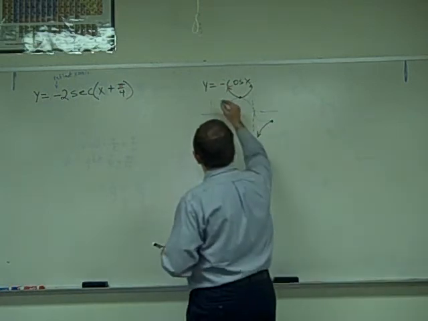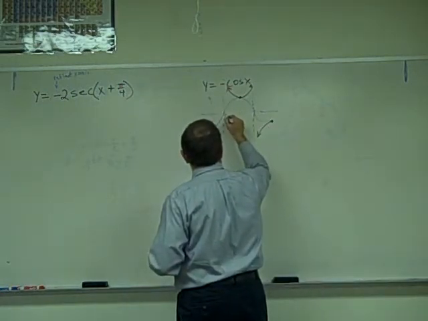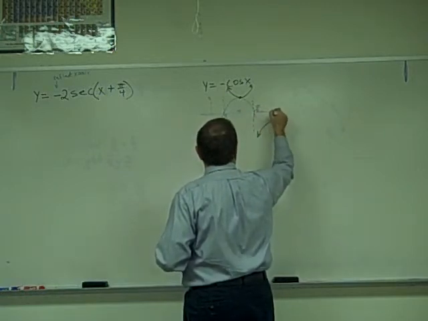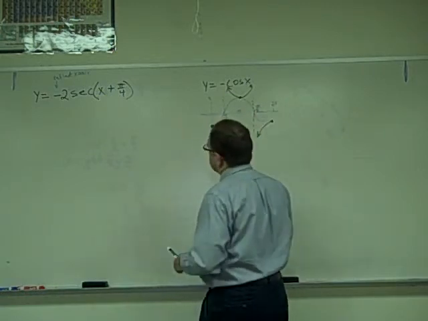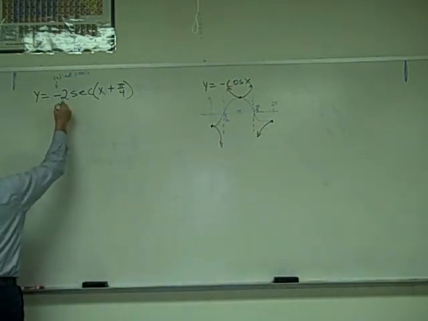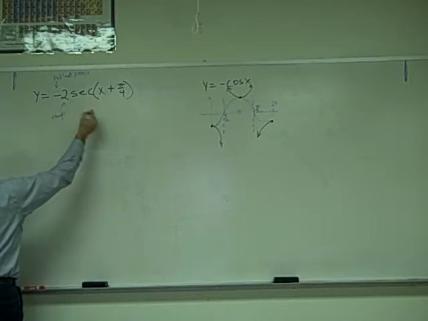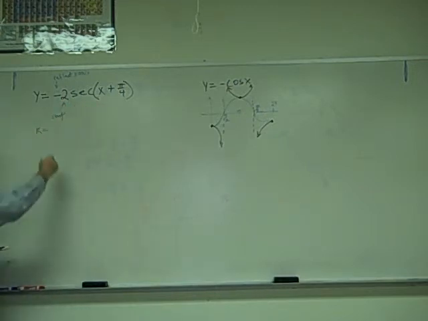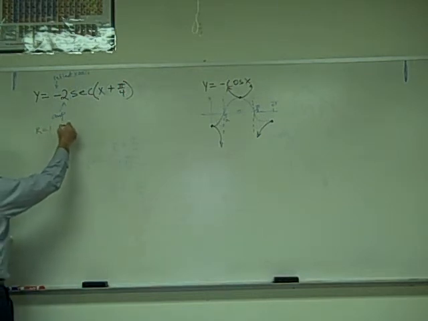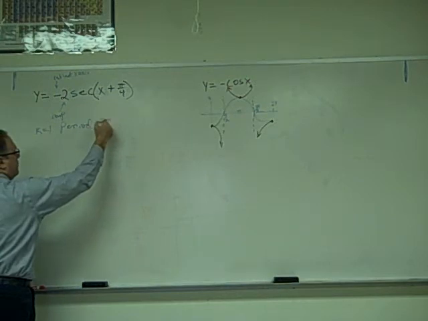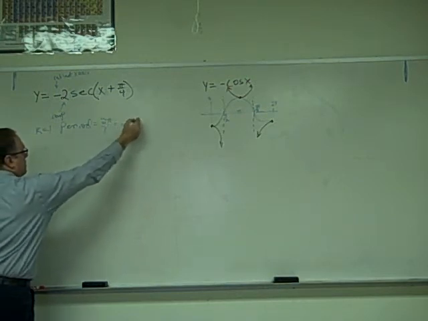Okay, and so we know that this is 0, this is pi over 2, pi, 3 pi over 2, and 2 pi. Okay, so we know that it reflects about the x-axis, and the 2, we know that's our amplitude. And what's our k? K is 1, right? Therefore our period is going to be 2 pi over 1, right?